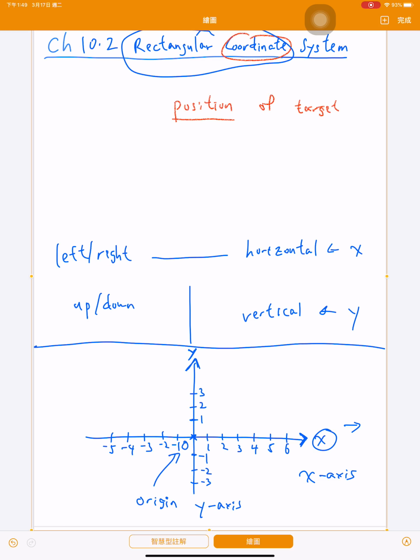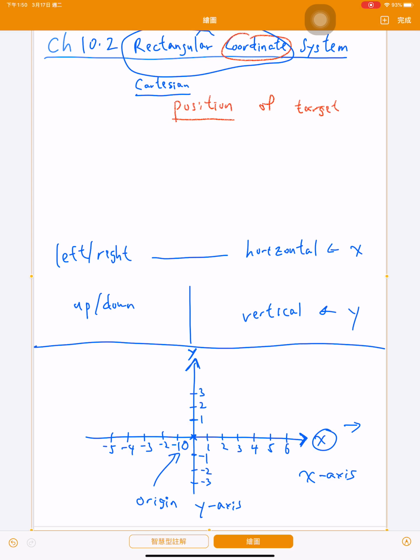That is called the rectangular coordinate system. In fact, sometimes we may call it the Cartesian coordinate system, because this system was invented by the famous mathematician Descartes. If you are interested, you may Google it by yourself, or you can come and ask me.